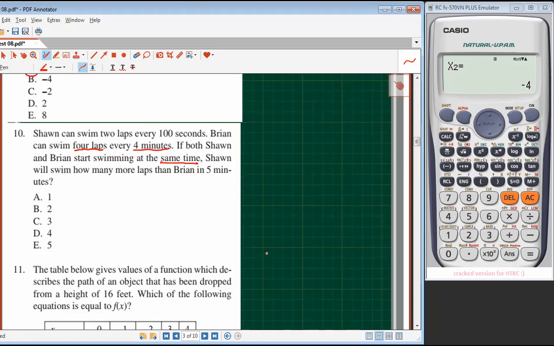Sean will swim how many more laps than Brian in 5 minutes? It's tricky. Maybe we have to do step by step. First, we find how many seconds does it take each swimmer to swim 1 lap.